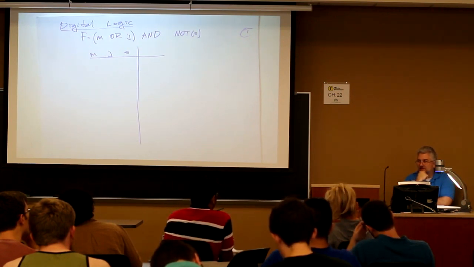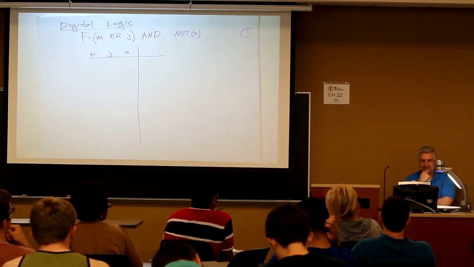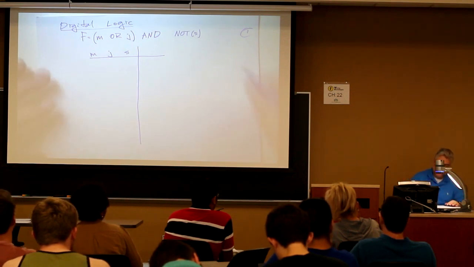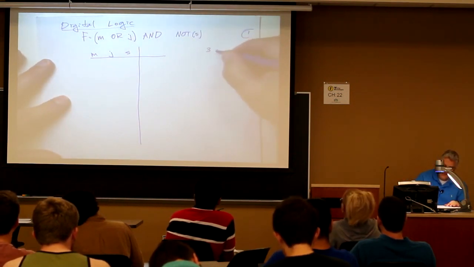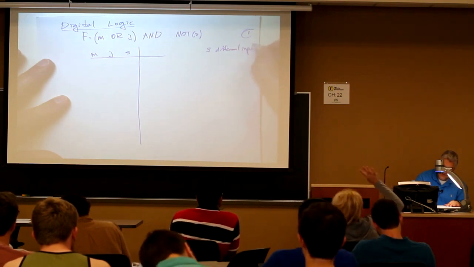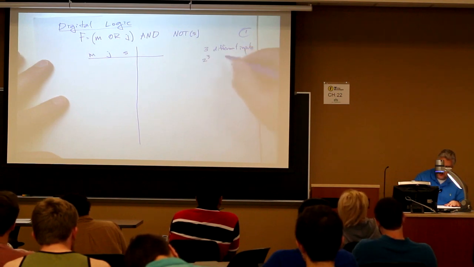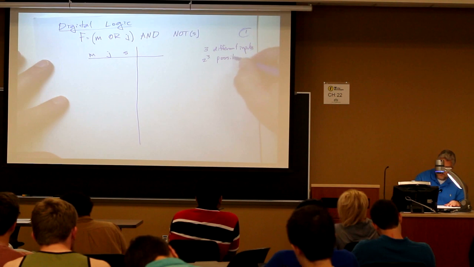Anybody want to say another number? 8. Anybody else want to say another number? 9? No, the answer is 8 actually. So if we have 3 different inputs, you actually will have 2 to the 3rd possibilities. What about not S?